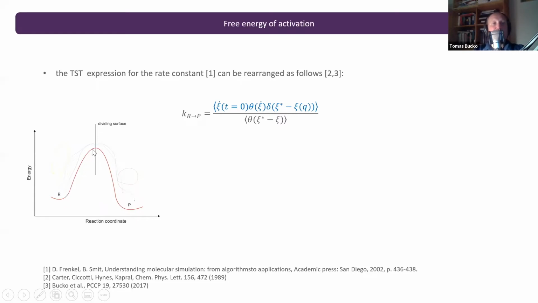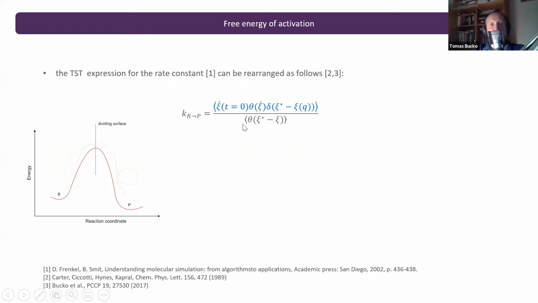Whenever you reach the transition state starting from reactant, you inevitably fall down towards product. So if reactant is on the left, as I assume here, then any positive flux through the dividing surface will lead to product. This is the basic assumption of transition state theory, which is mathematically formulated here.